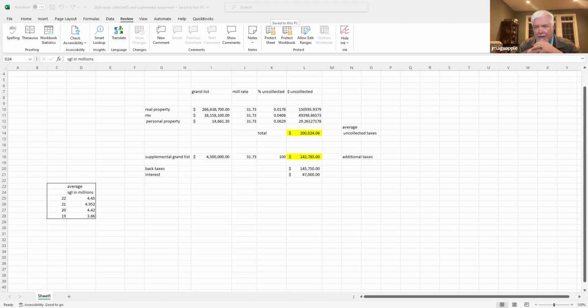We only collect 10 million. Right. When we set a mill rate for budget purposes, that is based on we collect 100% of the taxes owed. Okay, now we don't include supplemental, which in this case is $142,000. Correct. All right.